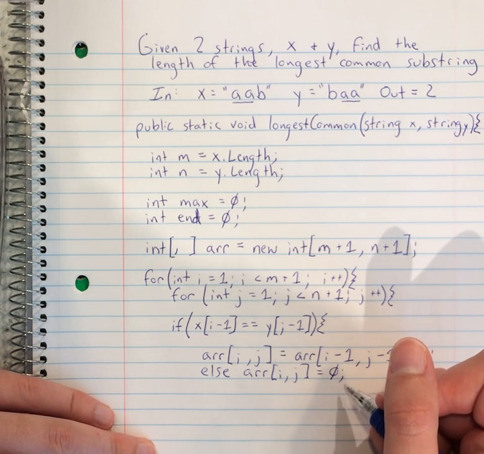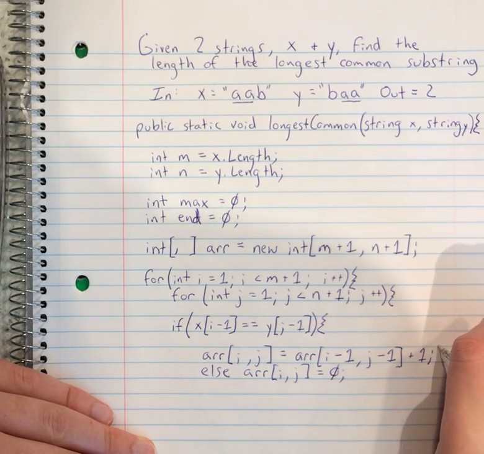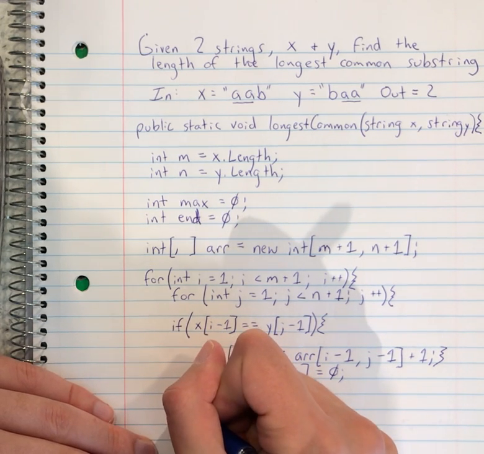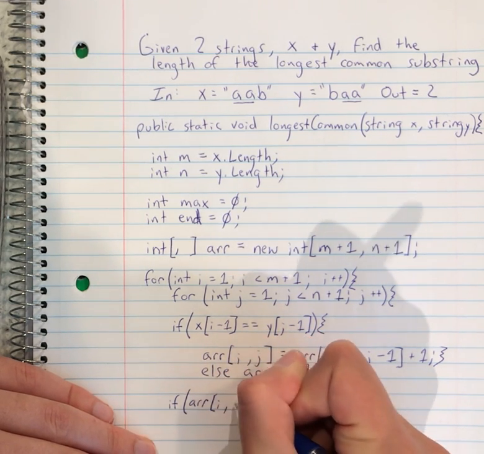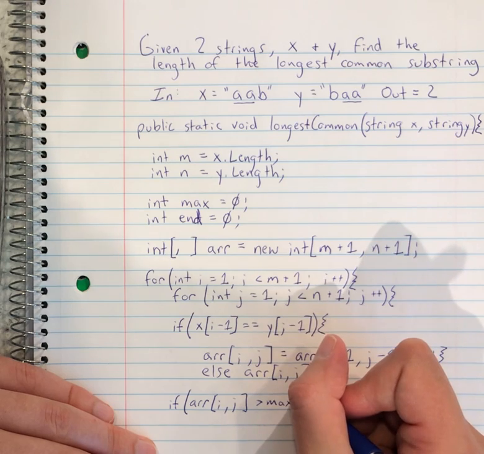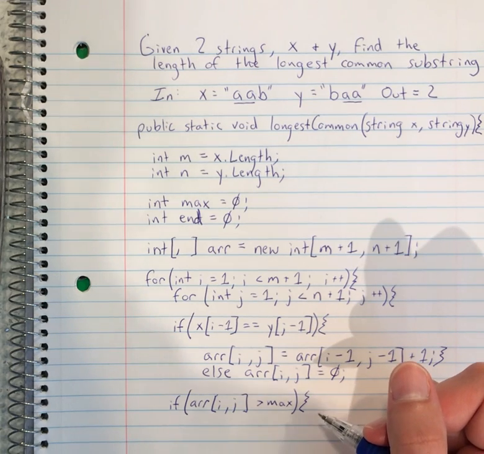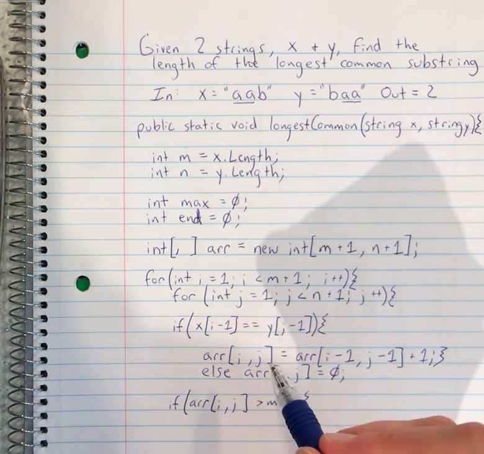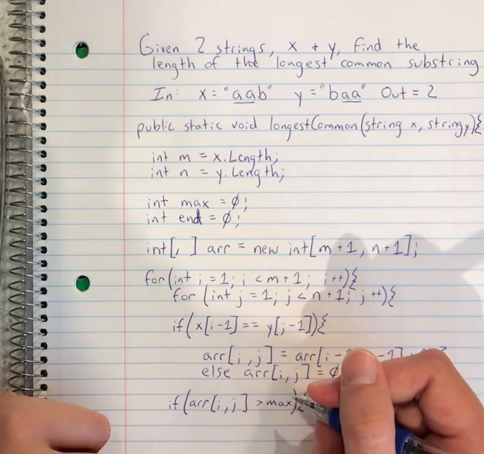And here we needed to stop that if. And if the element we've just stored at ij is greater than max, which means that if the element we've just recognized has seen a higher amount of subsequent equivalencies up to this point, then we'll update max.